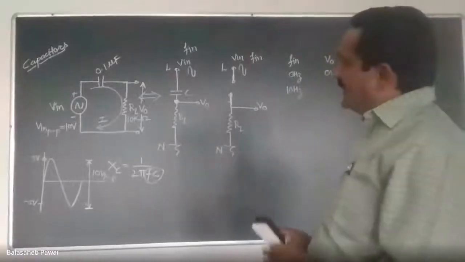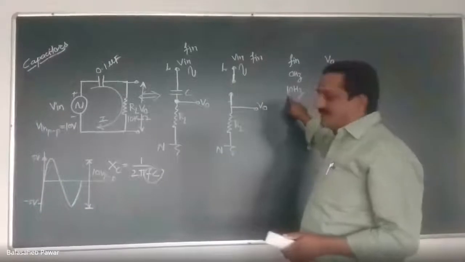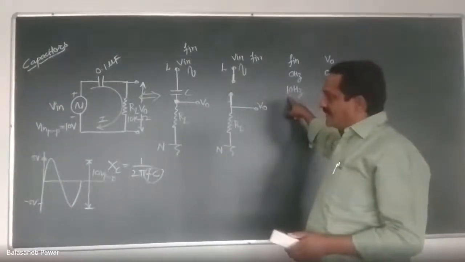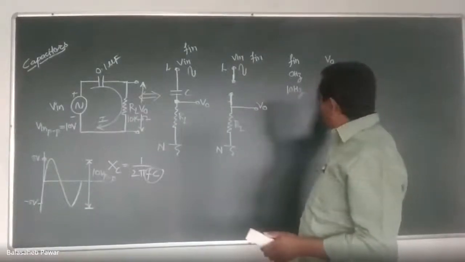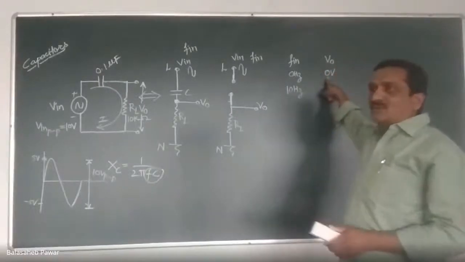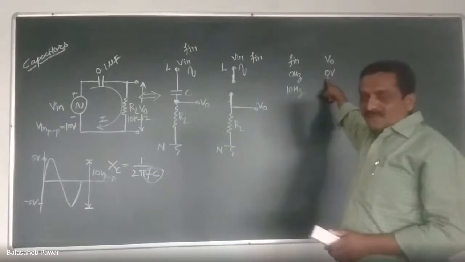Okay. So the input signal frequency is now 10 hertz, the second condition we are taking. The question is, will the obtained output remain 0 volts as in the previous case? Whenever the input signal frequency was 0 hertz, the obtained output voltage was 0.